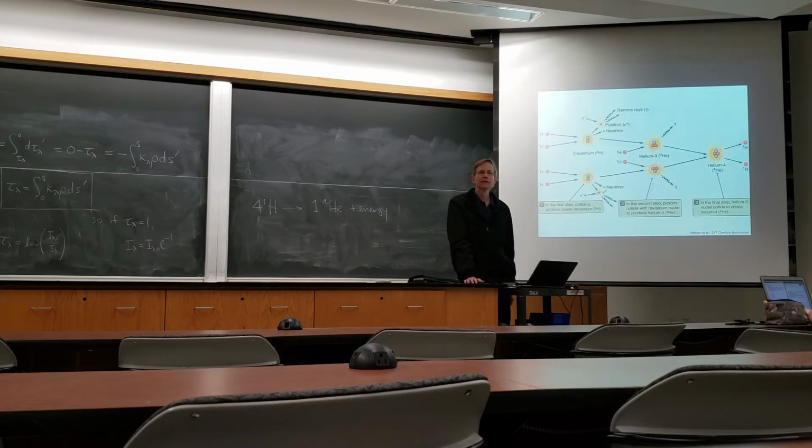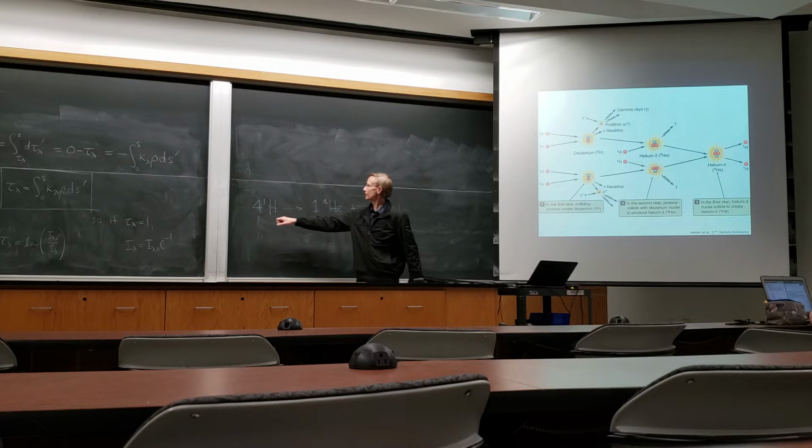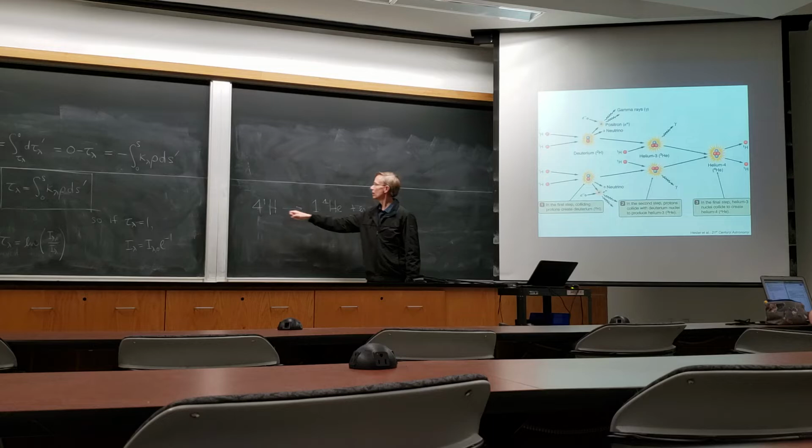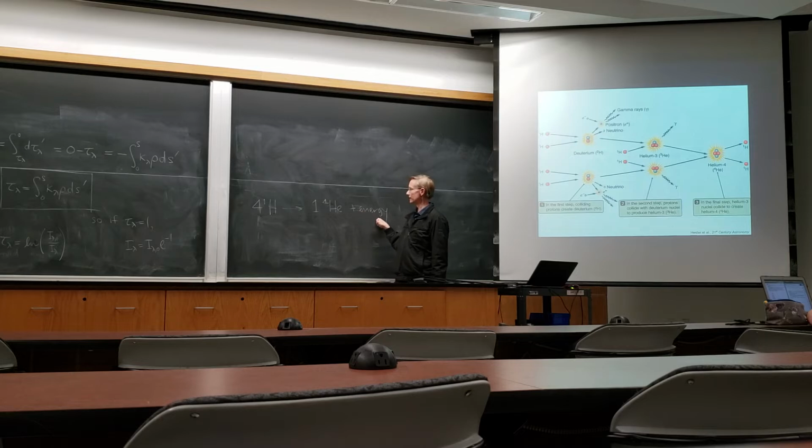Yes? How does 6 1H become the 1 helium plus energy? There's no 6 there. There's 4 protons fuse to 1 helium-4 nucleus plus energy. That's what this is saying. 4 protons become 1 helium-4 nucleus plus energy.